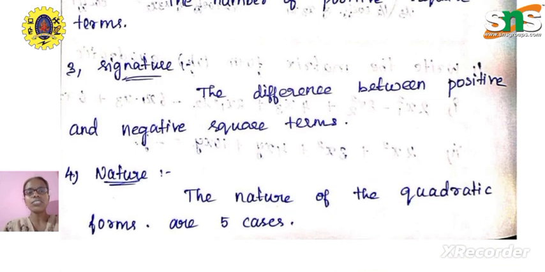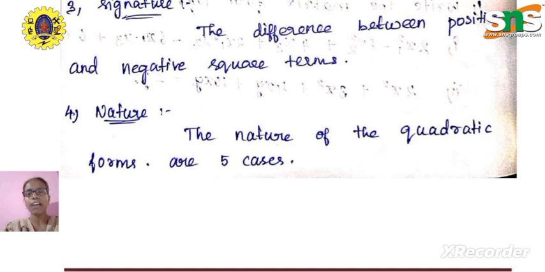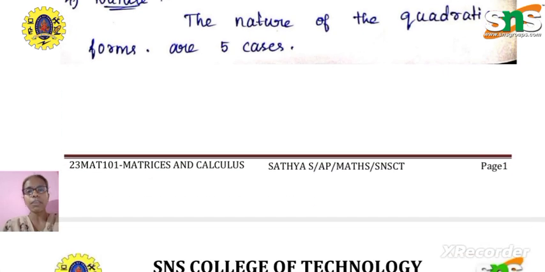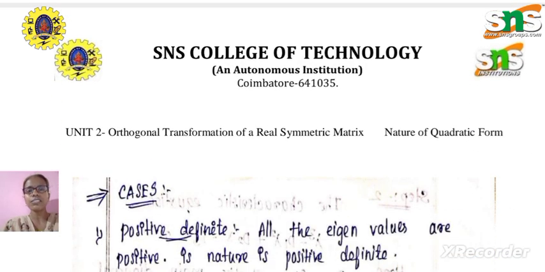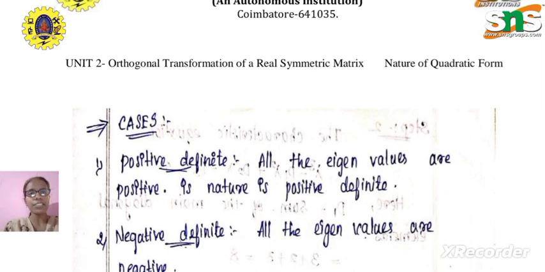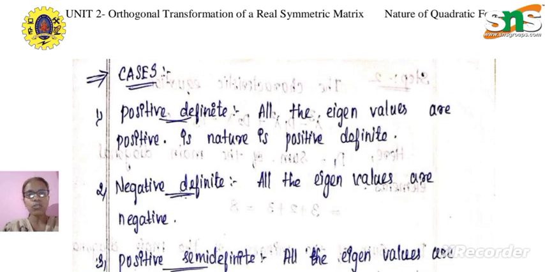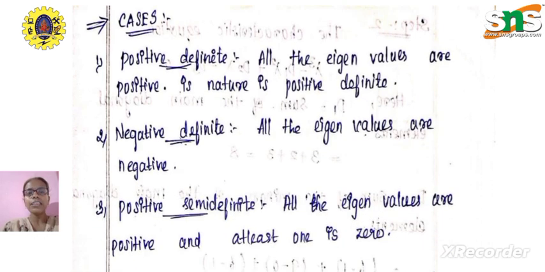And the nature is the nature of the quadratic form. We will have 5 cases, so we'll see one by one. The first thing is positive definite. All the eigenvalues are positive, which is called positive definite. All the eigenvalues are negative, which is called negative definite. And positive semi-definite is where all the eigenvalues are positive and at least one should be 0.